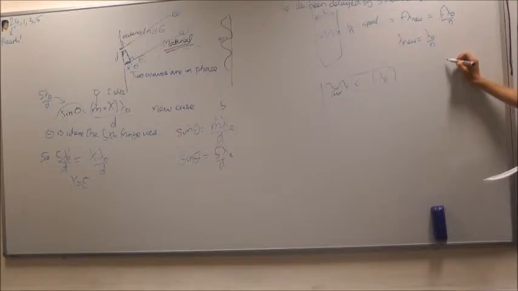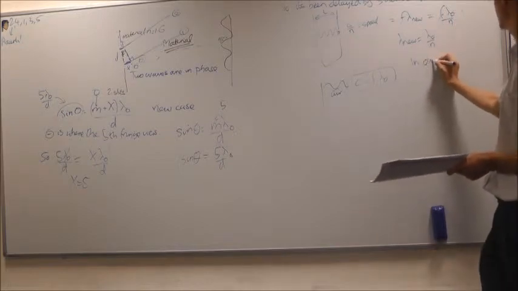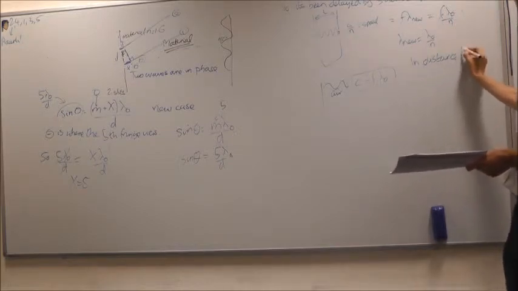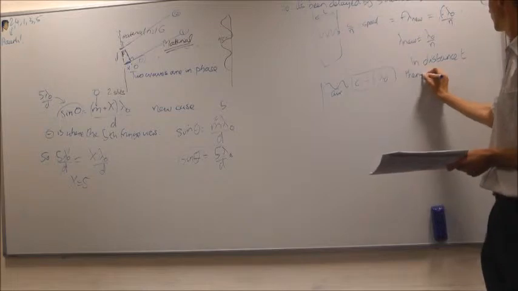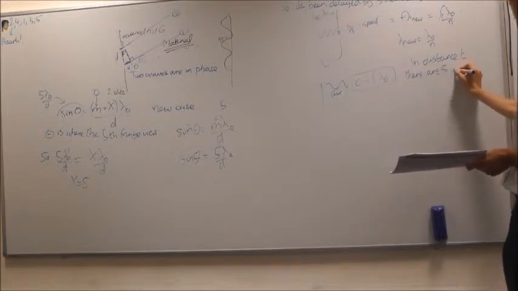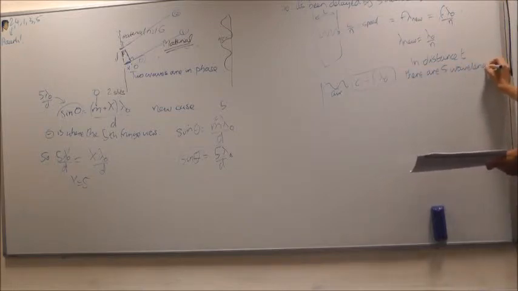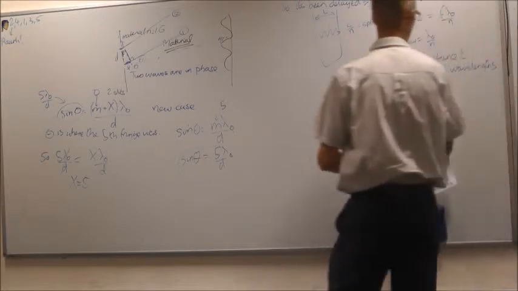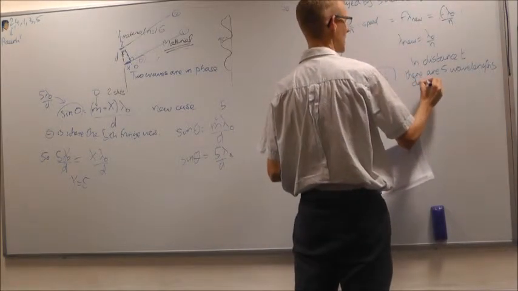Now what we want to show is that you're getting 5 delays. So in distance t there are 5 wavelengths delayed.